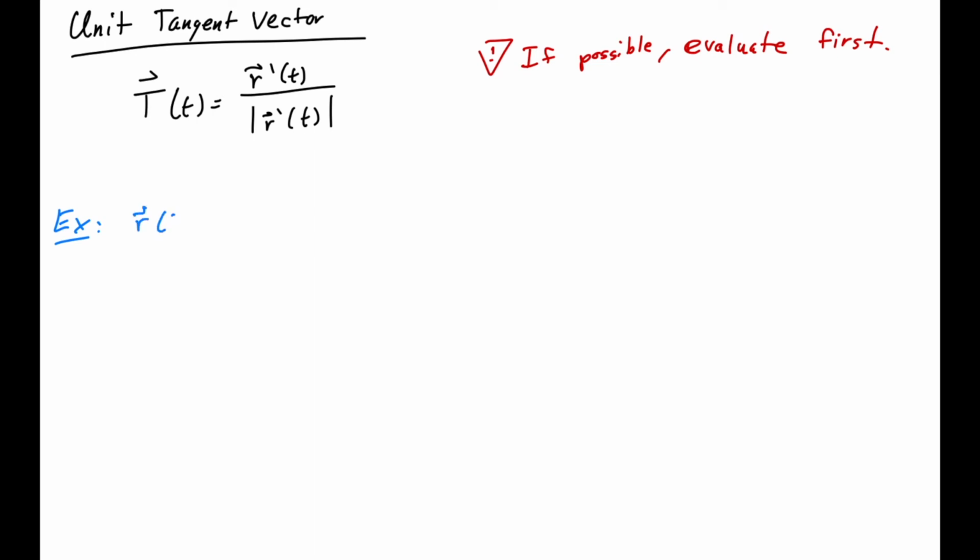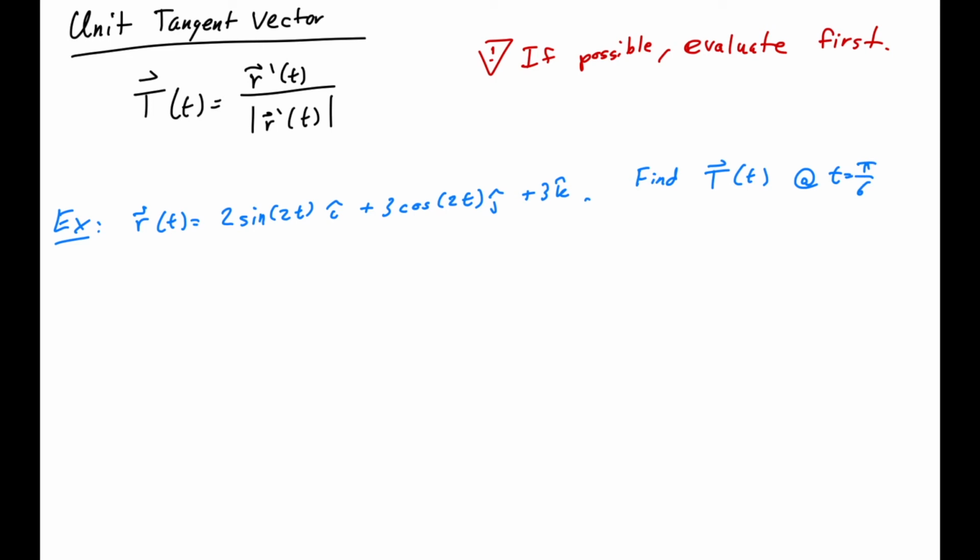So if r of t is 2 sine 2t in the i direction, plus 3 cosine 2t in the j direction, plus 3 in the k direction, find the unit tangent vector. You need to know that that's the symbol for the unit tangent vector at t equals pi over 6.